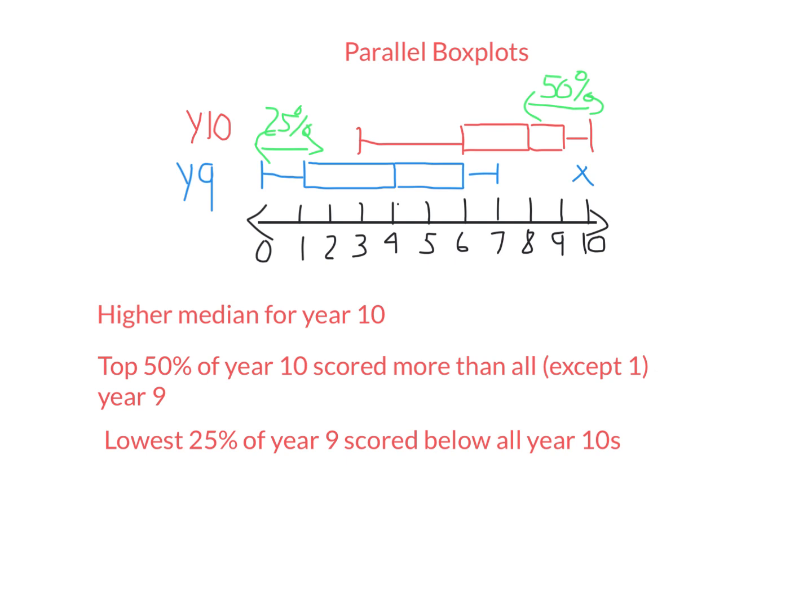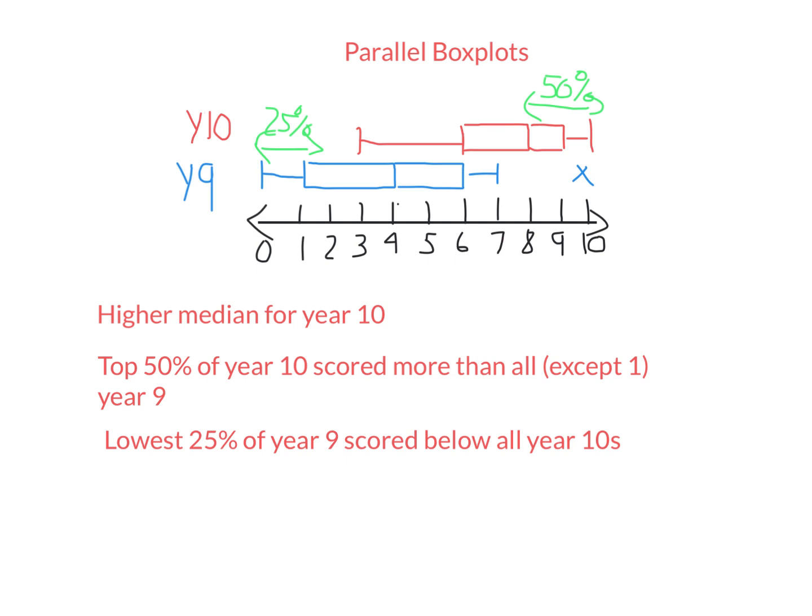And no year 10 scored below 3. Each of these 3 points is making the case that the year 10s scored higher on the test. The scores were generally higher in the year 10 class. We can see that clearly from the box plots.